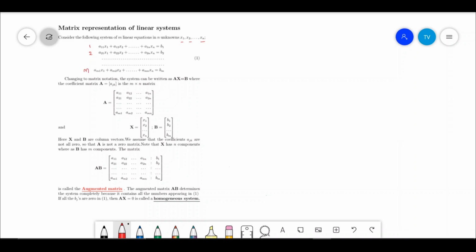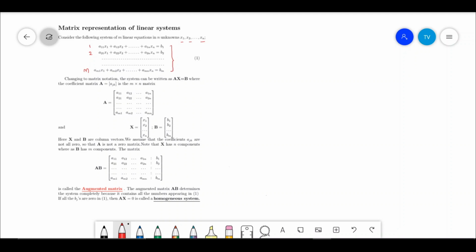Let me read these equations. a11x1 plus a12x2 plus etc. a1n xn equal to b1. a21x1 plus a22x2 plus etc. a2n xn is equal to b2, etc. am1x1 plus am2x2 plus etc. amn xn equal to bm. So these are a system of m equations in n unknowns x1, x2, etc., xn.